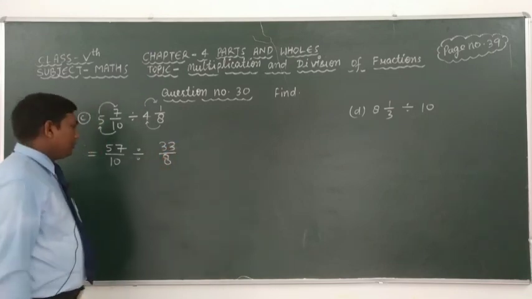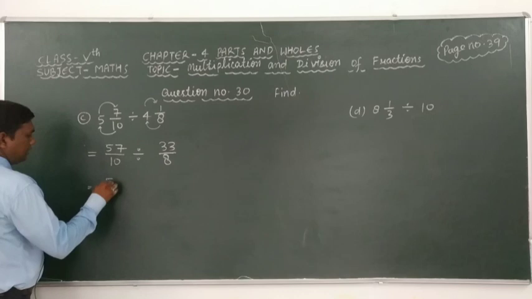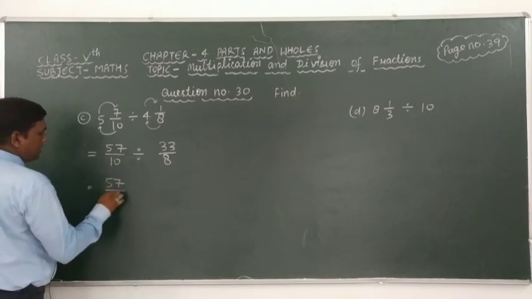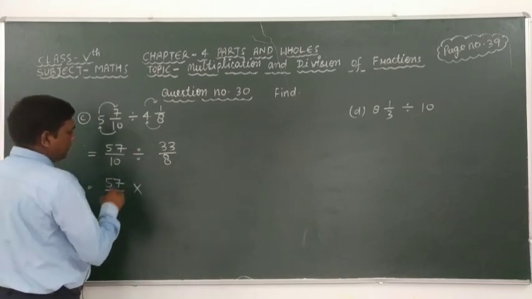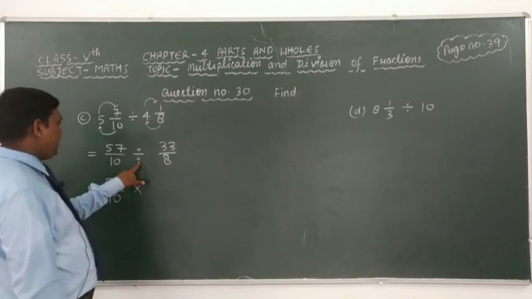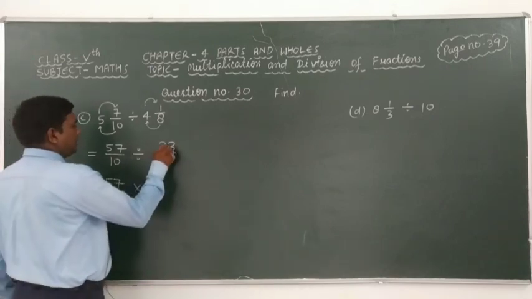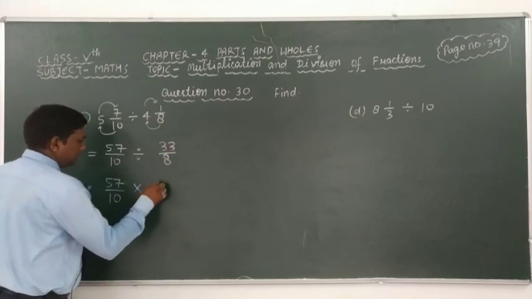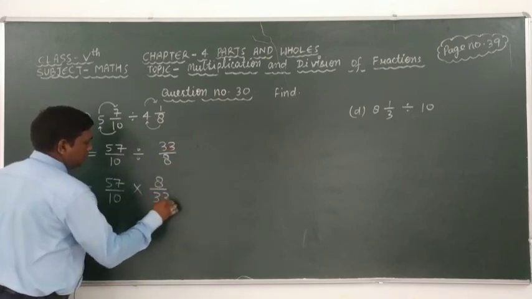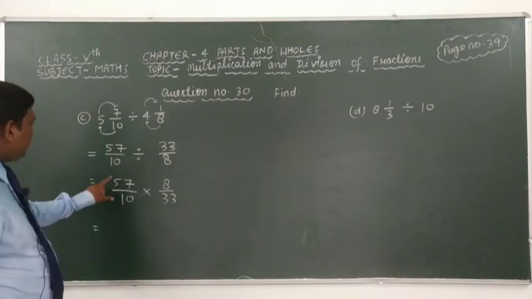Okay, students, look at here carefully. Here we can write 57 over 10 as same. Here we can take multiply sign in place of division sign. Then we can take the reciprocal of 33 over 8, which is 8 over 33. Look at here carefully.